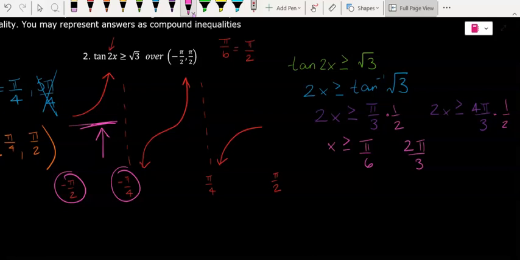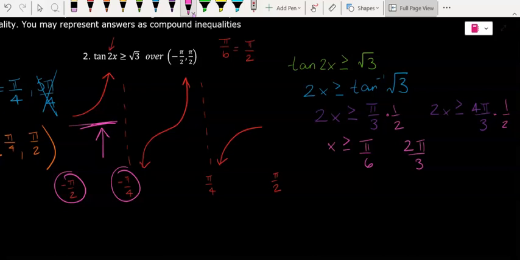So what I need to do now instead is think about this. It's going to happen every single time in the same exact place on my graph. It's just going to be plus whatever my period is, k, each time. That's what that plus pi over 2 k is.